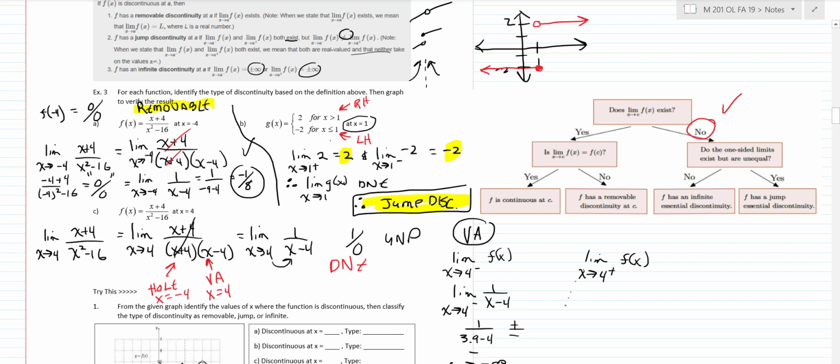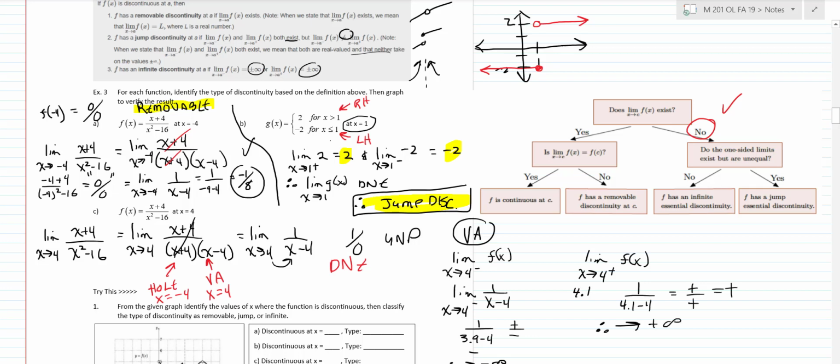So that left-hand limit is going to negative infinity. The same thing would happen on the right-hand limit if we used like 4.1 and plugged it into that function. We'd have 1 over 4.1 minus 4. That's positive over positive, so it's positive. So that would approach infinity.